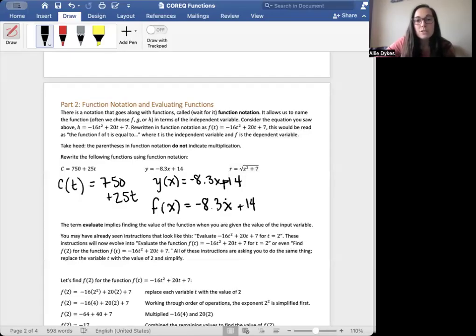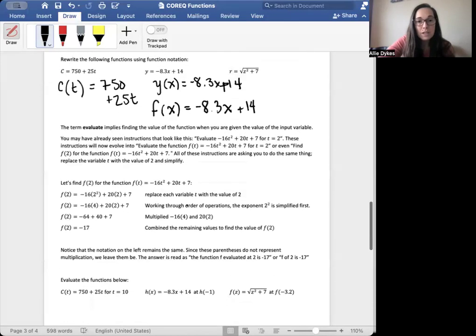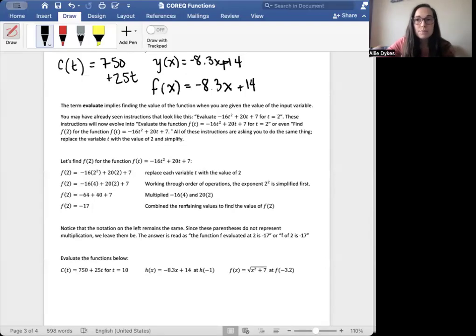So now that we understand how to write it in function notation, and maybe we have figured out how to say function notation, f of x, c of t, y of x, let's make sure we know how to use function notation. We use function notation as a way to evaluate. It's a shorthand evaluation.